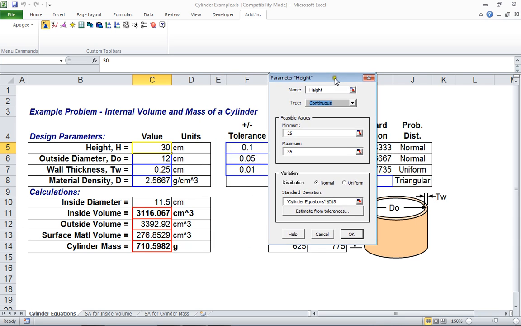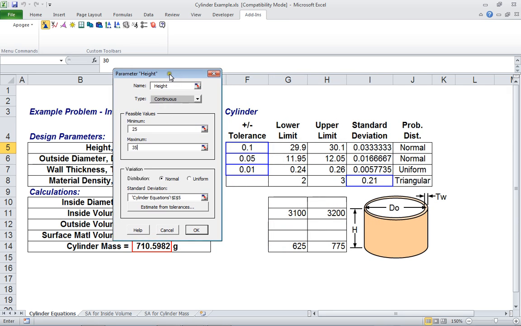And for a continuous parameter, what it says is you can pick any feasible value between a minimum and maximum range, and in this case I've indicated our minimum of 25, our maximum of 35, and when I pick any value within this range, it will have some uncertainty that's based on our manufacturing processes, and the uncertainty that we're going to be evaluating is actually located in cell I5. So basically cell I5, the standard deviation, is computed as a result of the assigned tolerances.